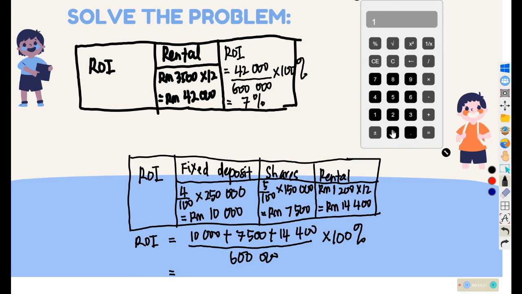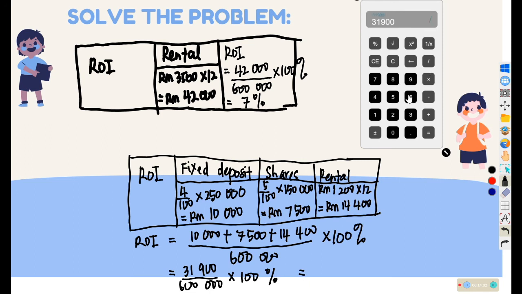So 10,000 plus 7,500 plus 14,400 gives 31,900 over 600,000 times 100%.